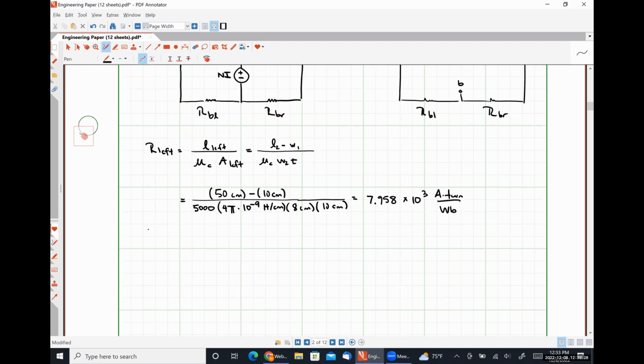So we can say that R mid will be equal to R right, which would be equal to R left, which we know to be 7.958 times 10 to the 3 amp turns per Weber.